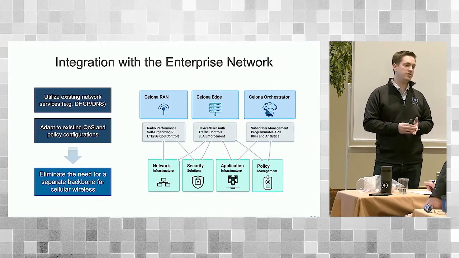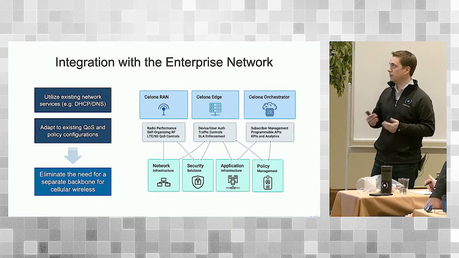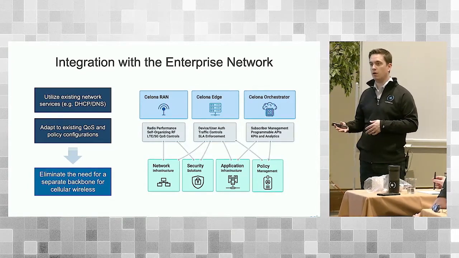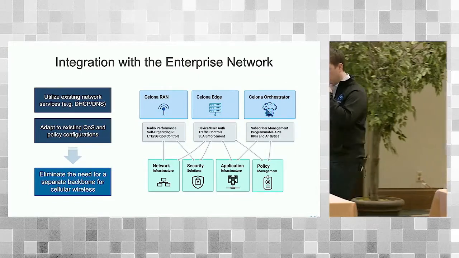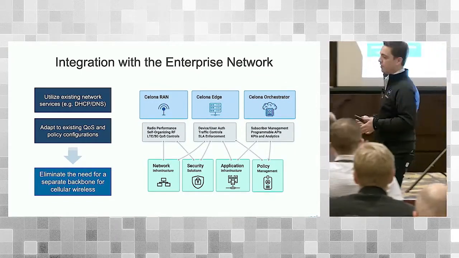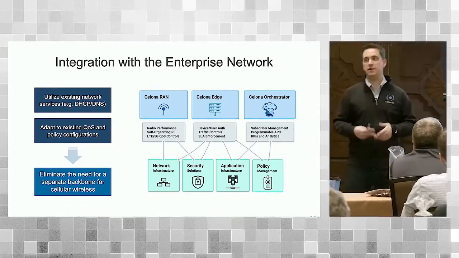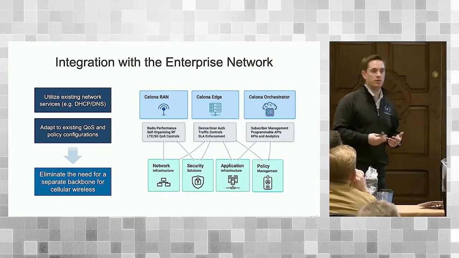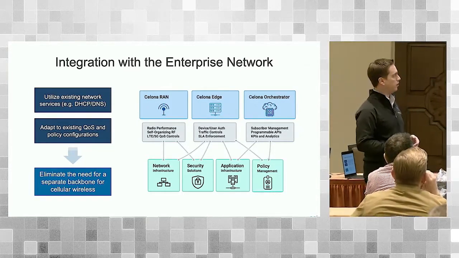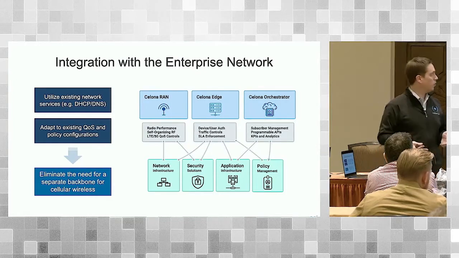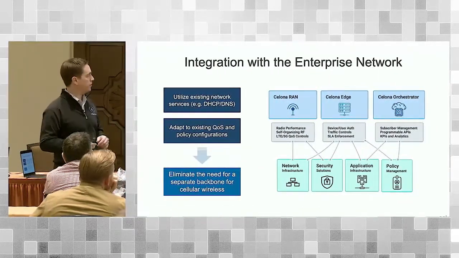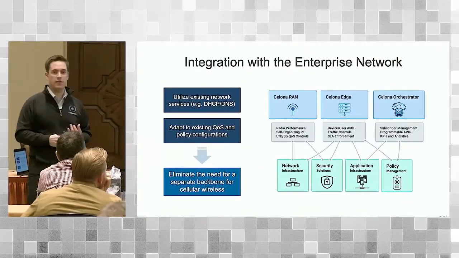You need to touch your security infrastructure. Tunnels are created between the radio and the packet core. We'll get into the LTE section what protocols are used, but if you're going across a routed network that has any security, you need to make sure you open up certain protocols for the radio to talk back to the packet core.